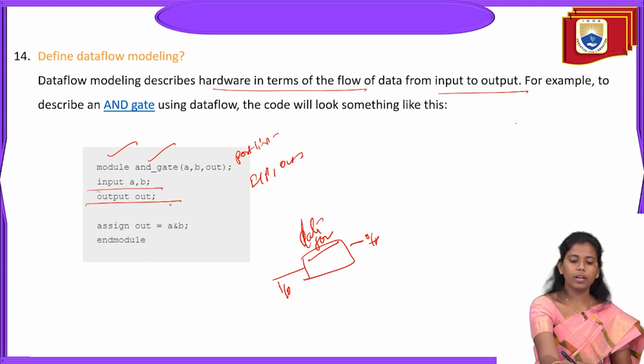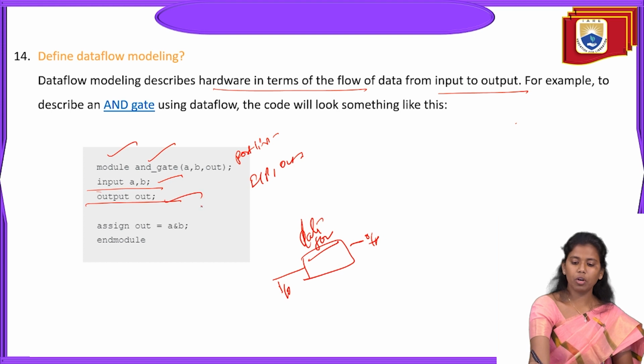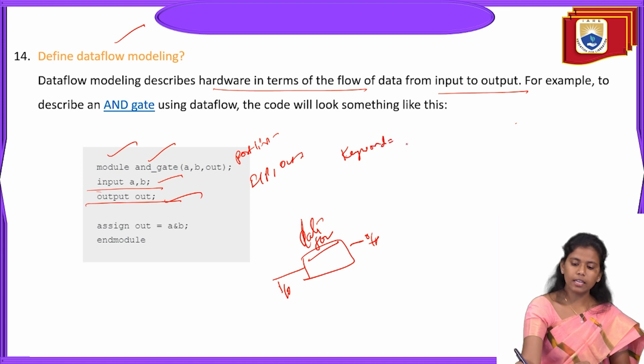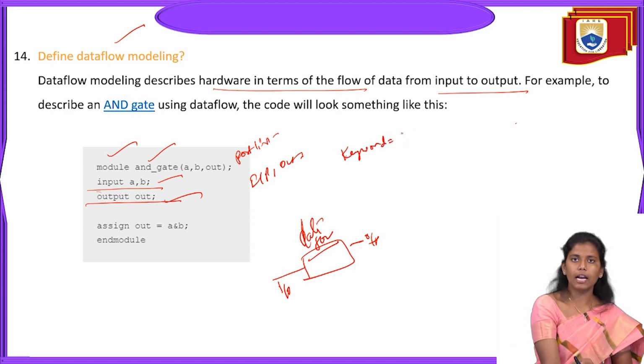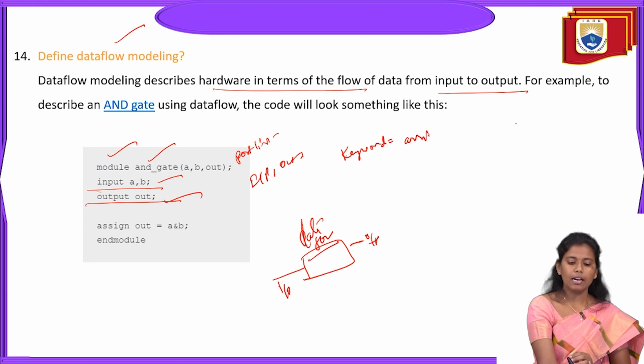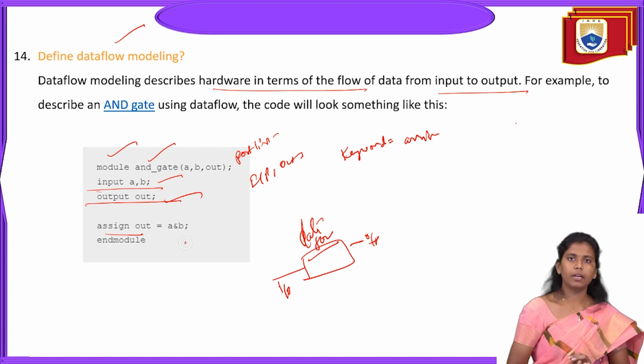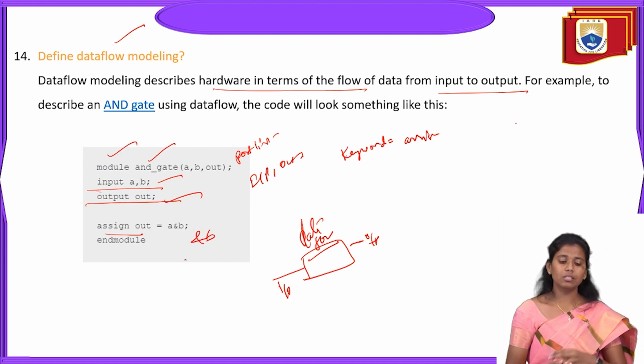And now as we are considering the data flow modeling, the keyword we need to use pertaining to the data flow modeling is assign. Assign is a keyword. So I am assigning output. How am I assigning output? Assigning output is nothing but A and B. AND gate, right? A and B. And finally I'm ending up with the endmodule. So this is how the representation of data flow modeling takes place.